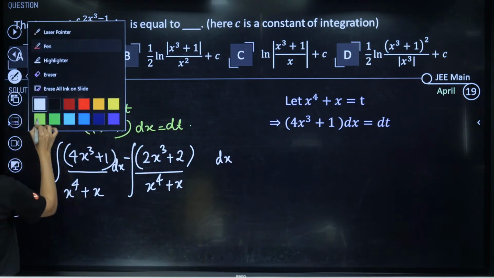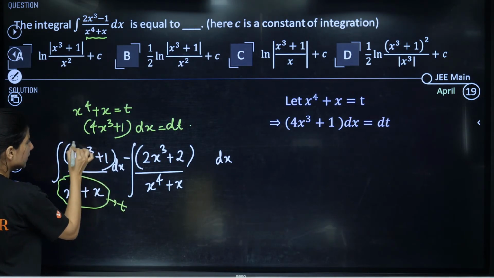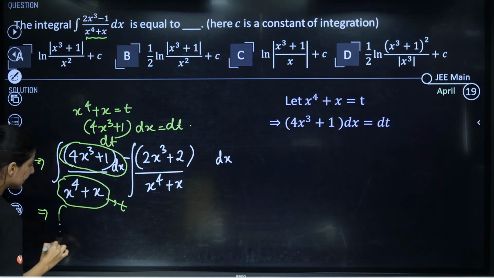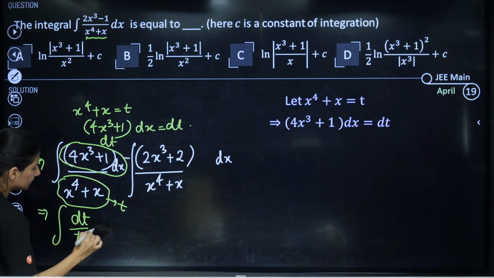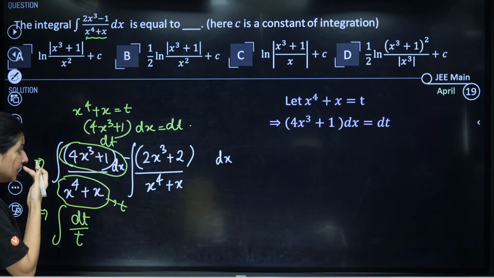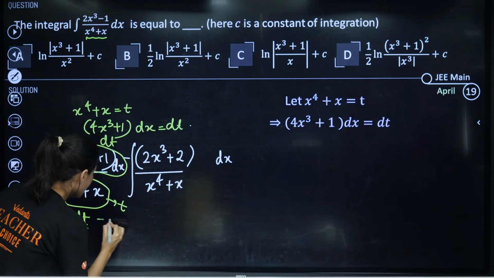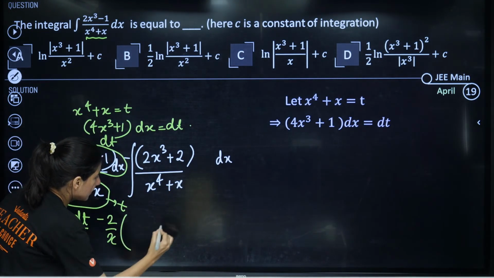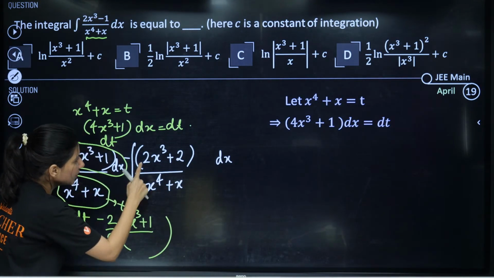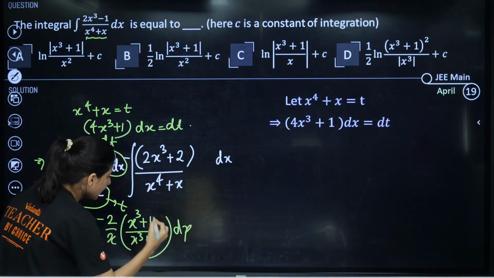So now, for the left hand side, if you put this equal to t, this becomes dt. So this is becoming integral dt by t. Now here, if you take 2 common from the numerator, x cube plus 1, and here also x cube plus 1 dx, so this is gone.